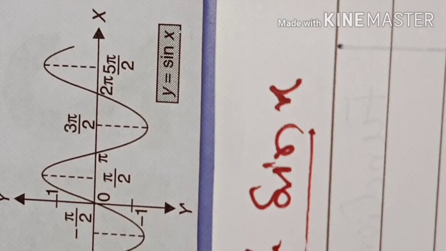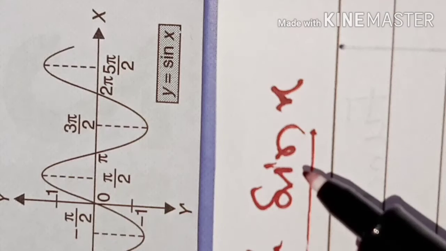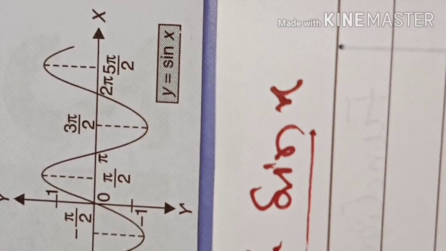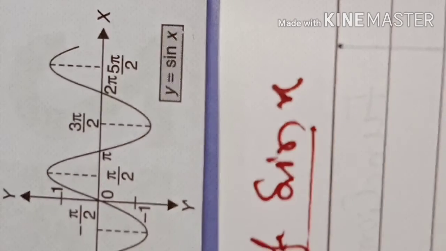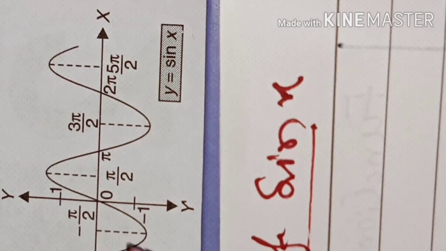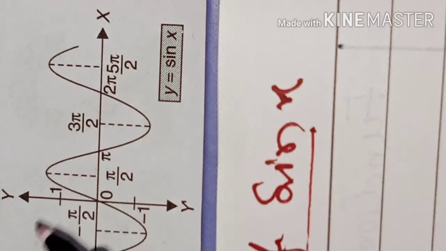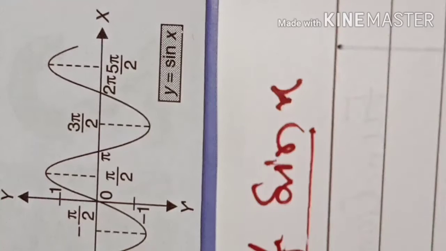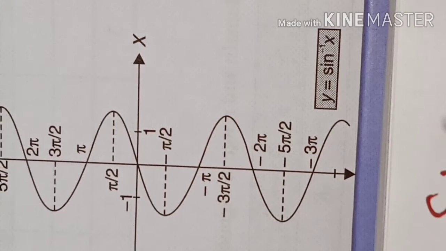So dear students, you see the graph of the sine function. Here the sine function is swinging from -1 to +1. It is not going below -1 or above +1. This is the graph of the sine function. At the same time, let us see the graph of the sine inverse function. This is the graph of the sine inverse function.